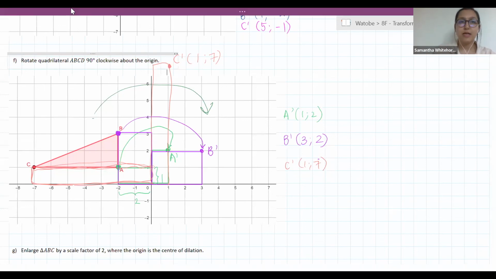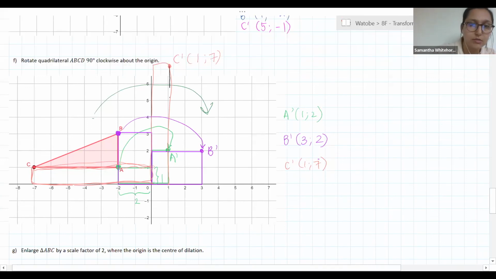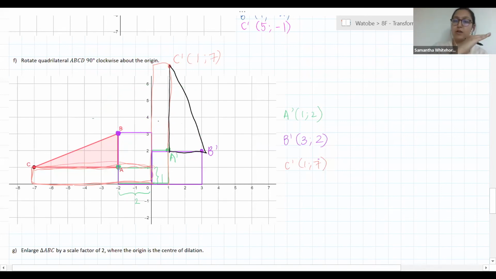From this point, I can now draw in my triangle. I'm not even going to try do straight lines. I'm just going to draw it in. You would use a ruler. But there is my new triangle, A dash, B dash, C dash. And this has come from me taking the red triangle and rotating it 90 degrees.